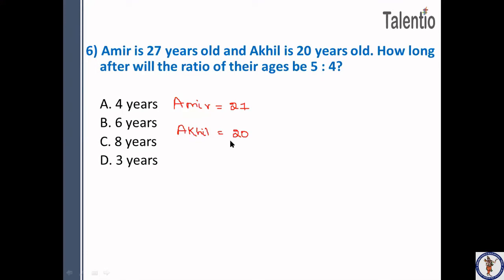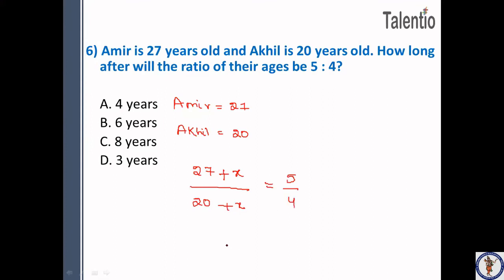Now, for example, if Amir's age is increased by 1 year, obviously Akhil's also increases by 1 year. In the same way, if Amir's age increases by 2 years, Akhil's also increases by 2 years. So they're asking after how many years, that is x. For Amir initially 27 years, so after x years it is 27 plus x. The same x years will be added to Akhil also, so 20 plus x, where this ratio is 5:4.